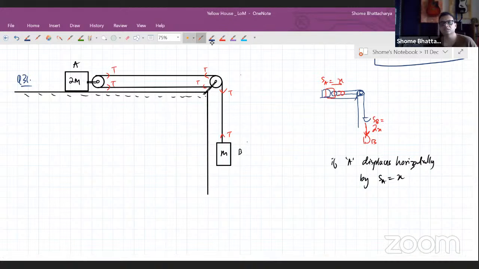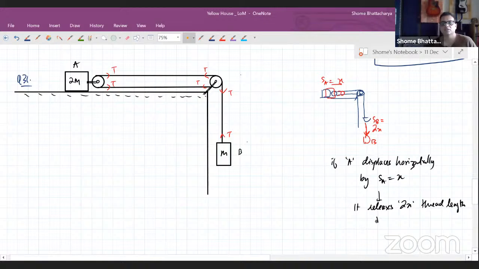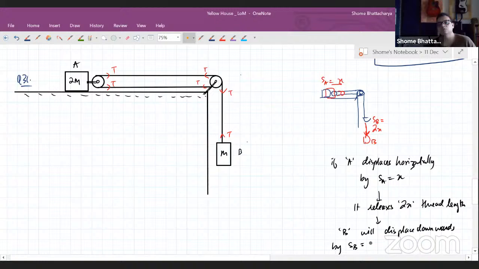So what happens when this displaces by x? It will release 2x thread length. As a result of that, the block B will displace downwards by S_B equal to 2x, because it pulls 2x thread.